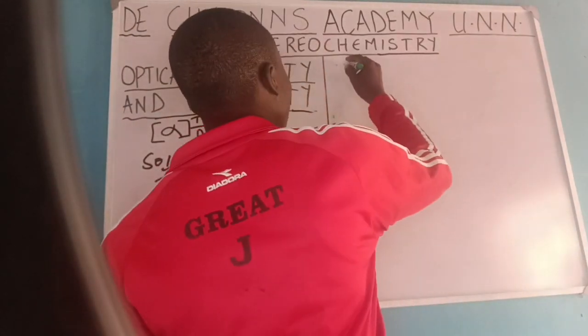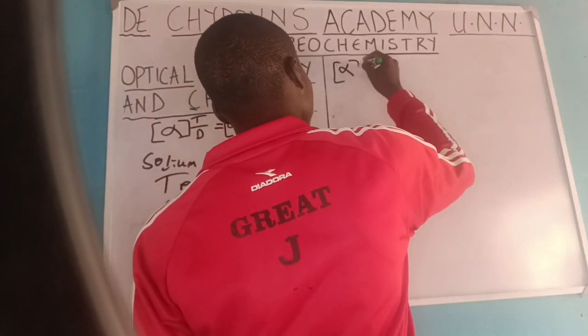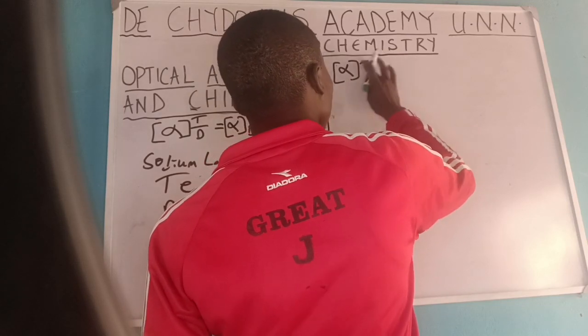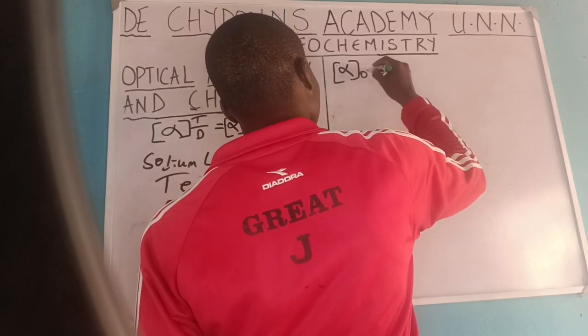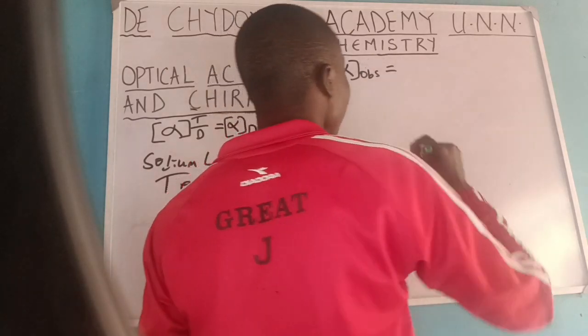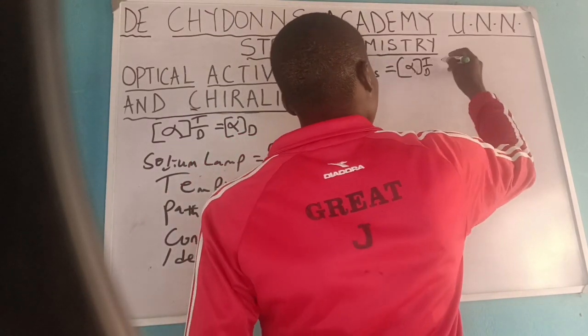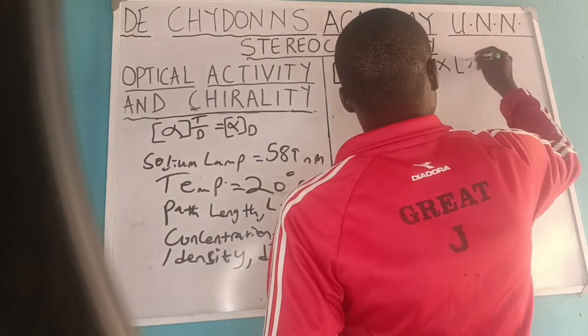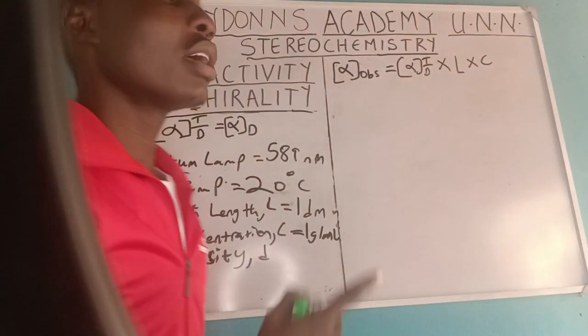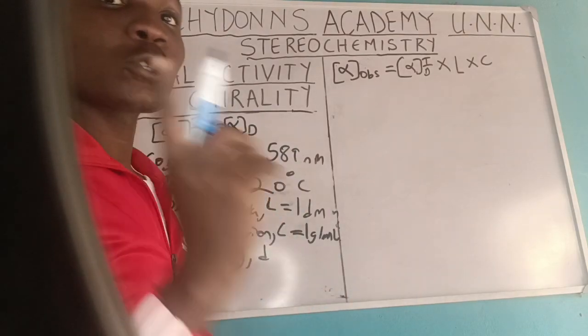So we have that our observed rotation is equal to specific rotation times path length times concentration. That is if it's a solution.